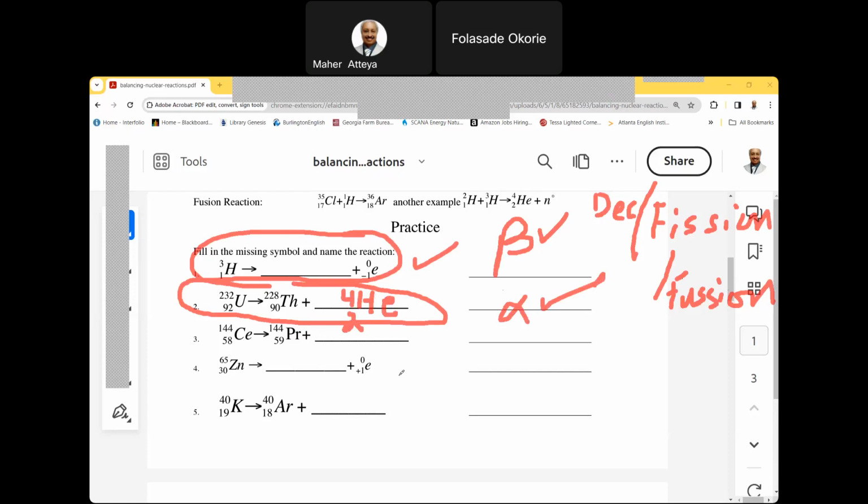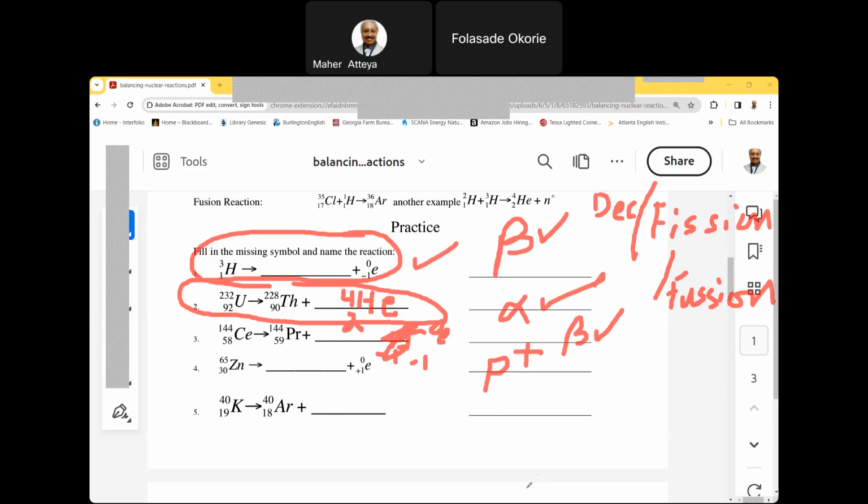Number 3. 144. 0 and -1. That is beta decay. Okay. Beta decay. Number 4. Zinc.